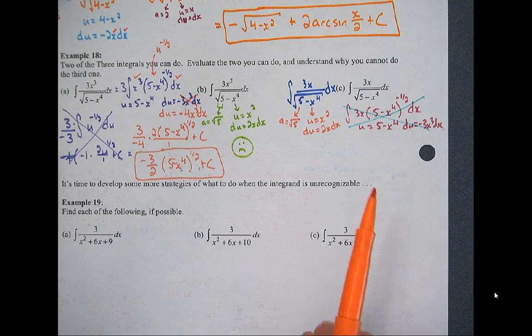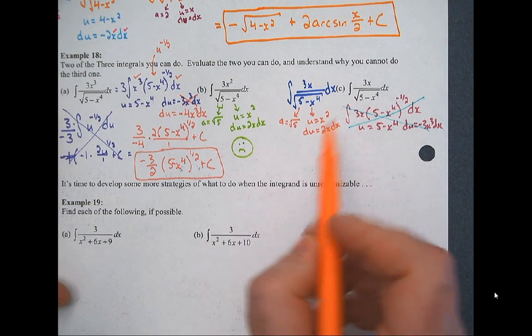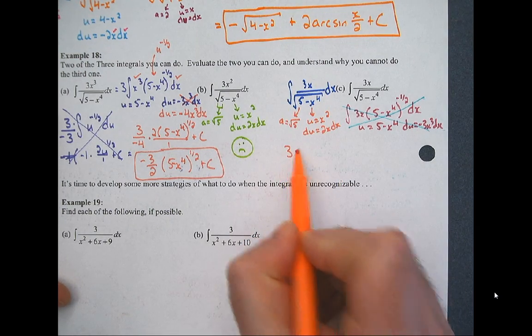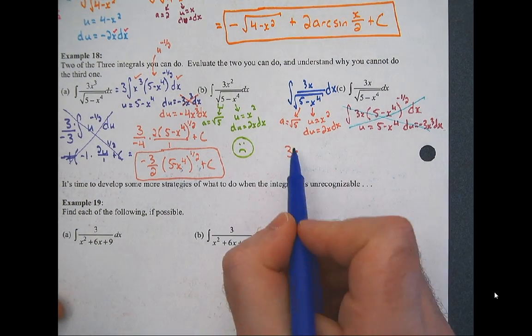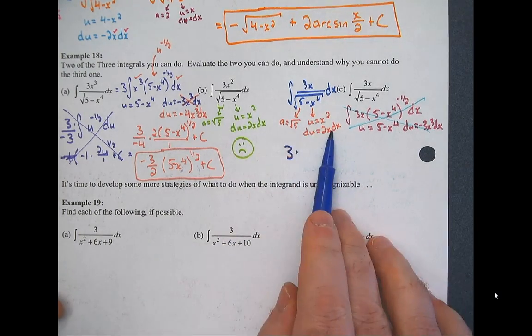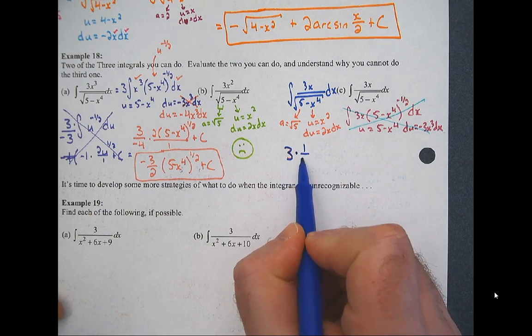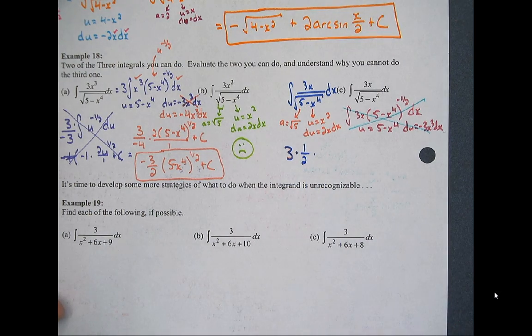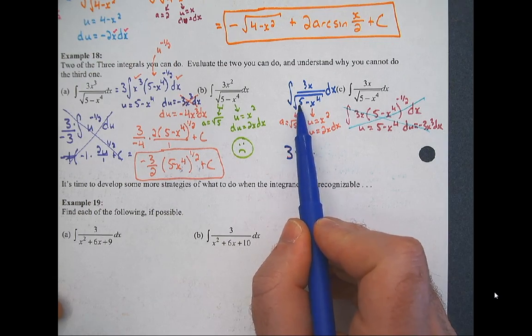So let's try to do this by pattern recognition. Do we have any constants here? The 3 is a constant. Multiplied by, do we have any corrections? I'm going to actually change to blue. Do we have any corrections? I've got the x, I've got the dx, but I need a 2. So to correct that, I need a 1/2 times, and then this is the formula where we had the root with constant minus function.